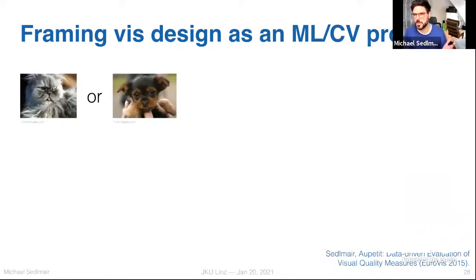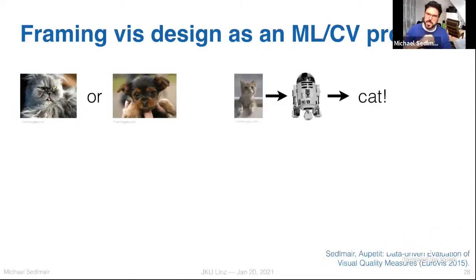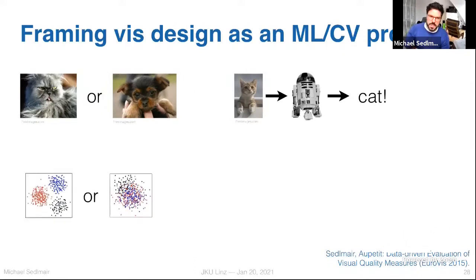But computer vision for me is essentially, there's cats and dogs, okay? We have lots of cats and dogs, and we have labels for them. We throw them into our training process, and then we get a lovely machine learning model, our robot again, that for some unseen image can help us to tell whether this is a cat or a dog, right? Essentially, this is also what we need for visualization.